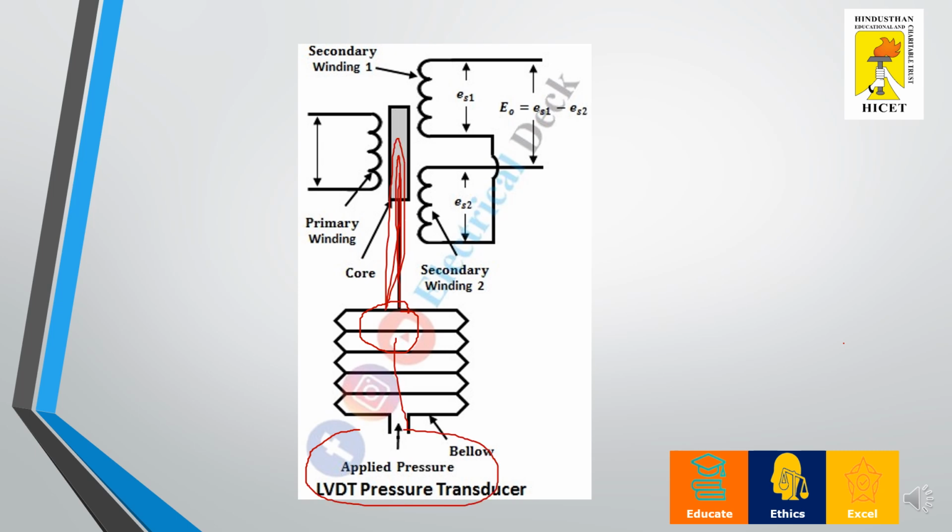One thing you have to keep in mind is that there are two types of transducer, called primary transducer and secondary transducer. So what is a primary transducer? Here I cannot say that the pressure is directly converted into the output voltage E0. In between, what is happening? First the pressure is sensed by the bellows or the Bourdon tube.